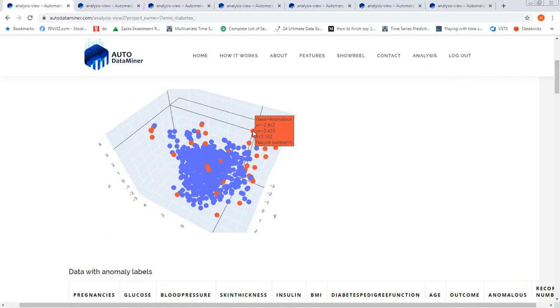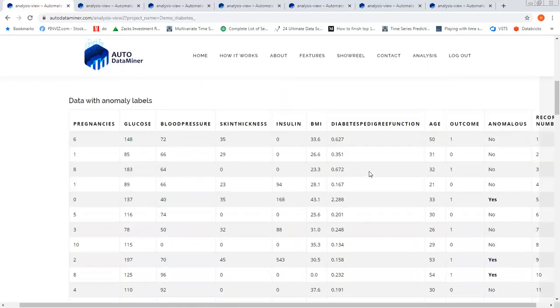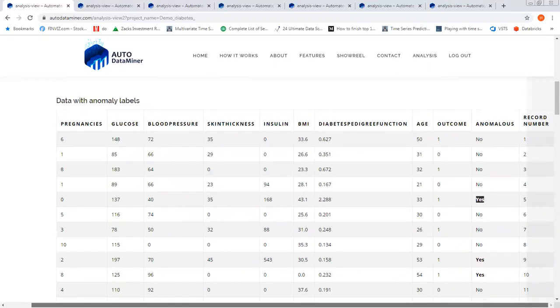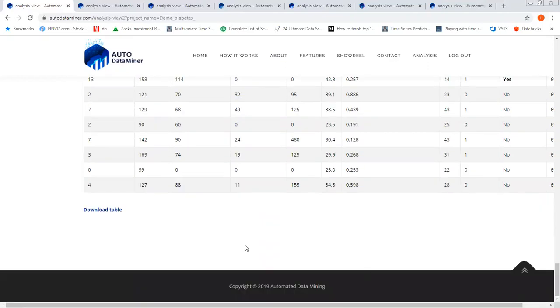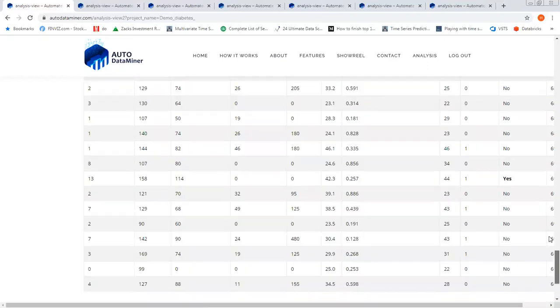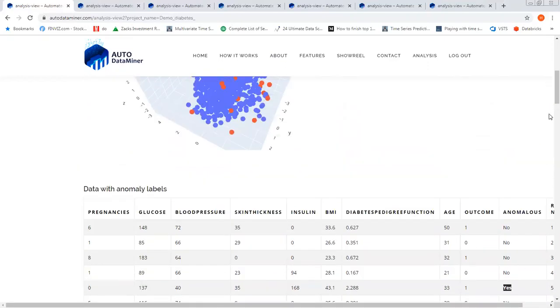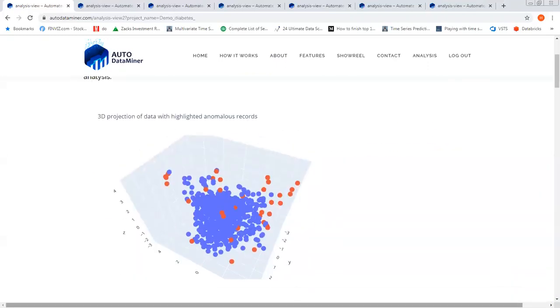You can match this record number to this plot and see why, for example, this person was anomalous. This is record number 5, right? And you see this person is anomalous. Just like in the cluster analysis, you can download this table and dig into this data in a more technical way.